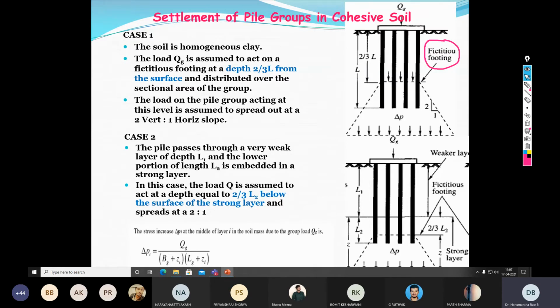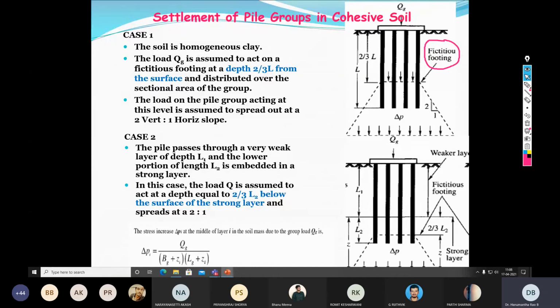Now in this case, where shall I assume the location of the fictitious footing? In this case, we should again assume it at 2/3 of L2, of layer L2. I repeat again. In the second case, the piles are embedded such that the L1 length of soil is very weak and will not develop any skin friction.